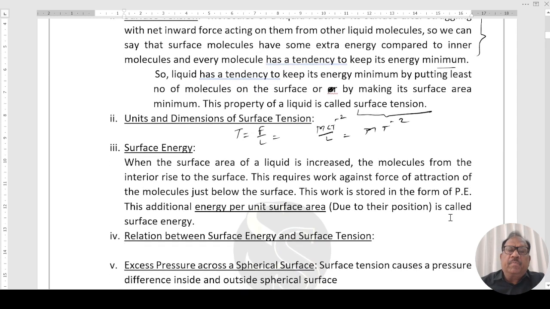What is surface energy? When the surface area of a liquid is increased, the molecules from the interior rise to the surface. This requires work against the force of attraction of molecules just below the surface. This work is stored in the form of potential energy. This additional energy per unit surface area due to their position is called surface energy.